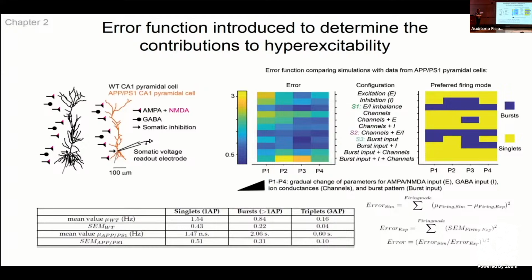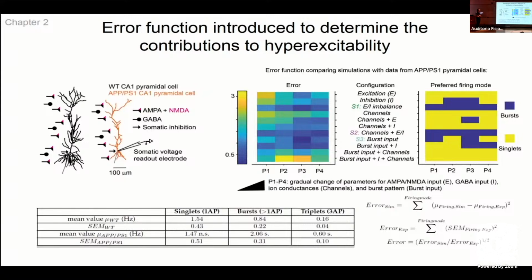And we try to do a parameter search to see how they interact. And then, of course, also the channels interacting with the external mechanism. And lastly, we also check for burst input. The idea is that an Alzheimer's cell might show this burst behavior because the network is already showing burst behavior and it's just kind of infected by it. So we check for burst input also in combination with other configurations.